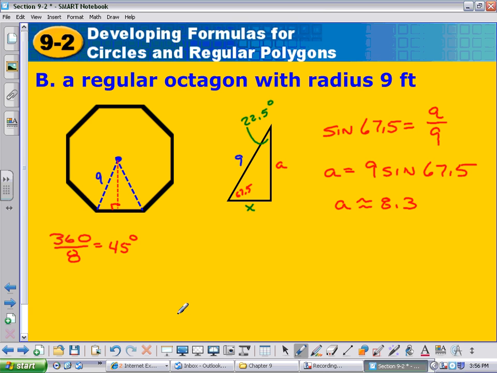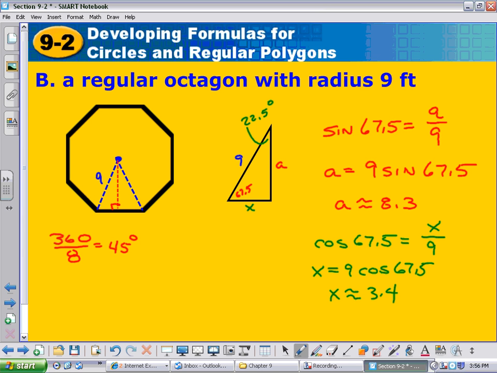So that is going to be the cosine of 67.5. And you could use 22.5, just switching it up. It doesn't matter. The cosine, the way I have it drawn, of 67.5 is going to be adjacent over hypotenuse, so that's x over hypotenuse 9. And again, you're going to solve this to be x equals 9 times the cosine this time of 67.5. And x is going to be approximately 3.4.